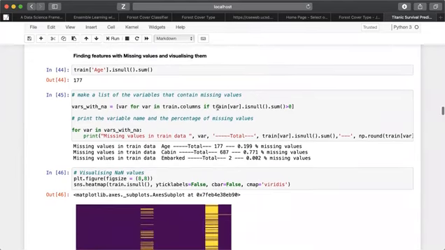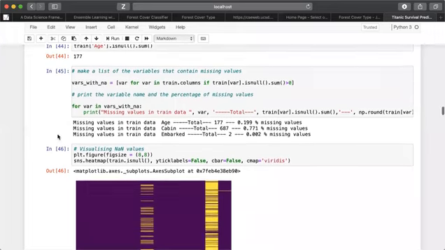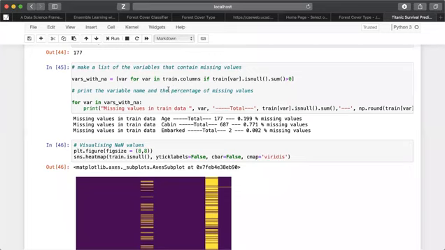So using the same code which Miteshi had covered in the coding nest, I found out the variables which have missing values in train, and thereafter I did the visualization. By the same code, vars_with_na is for col in train.columns, if train[col].isnull().sum() is more than 0, print the missing values in train data.